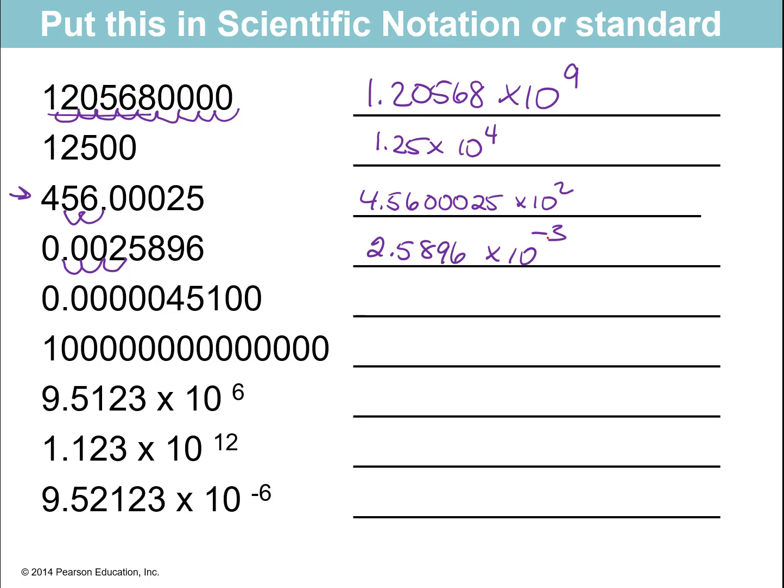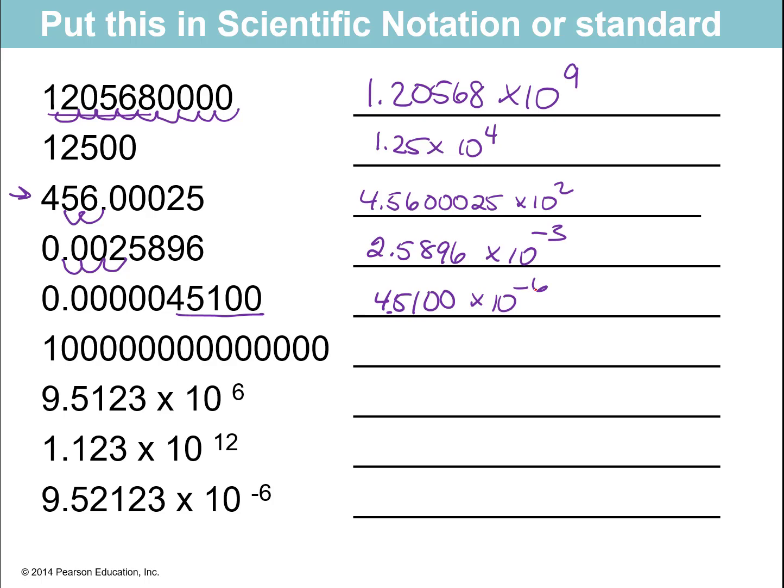So what about this one? 4.51, 00, right? Because remember, these are significant. The zeros at the end, if there's a decimal, any zeros at the end are significant, so I've got to keep those. This would be then times 10 to the negative 6. Good.